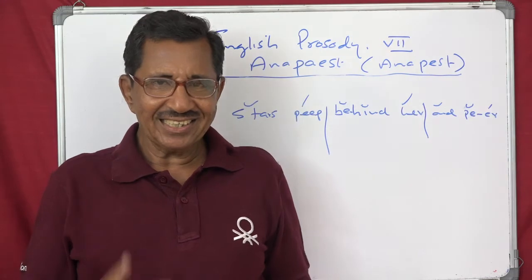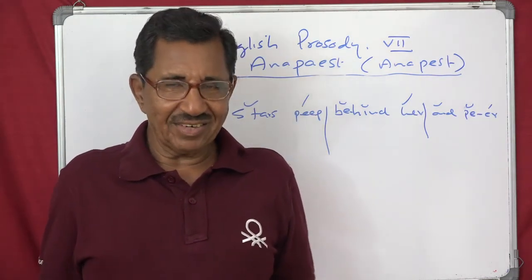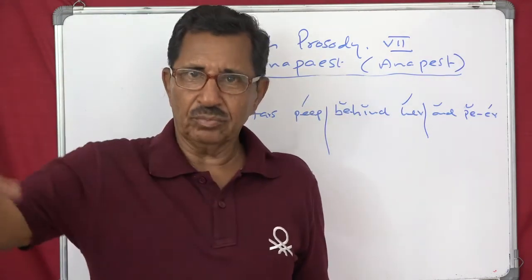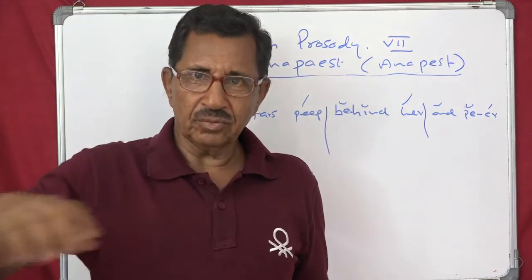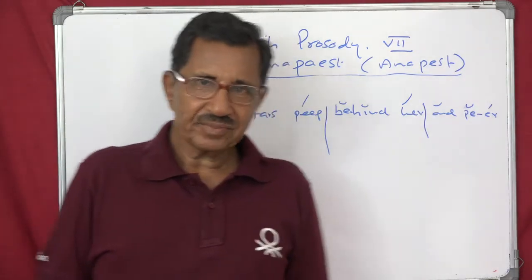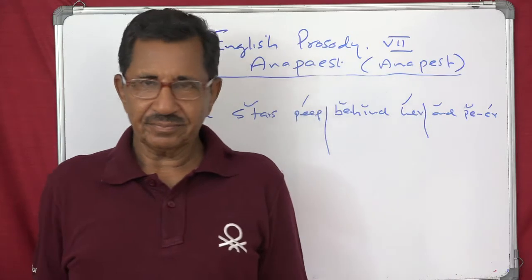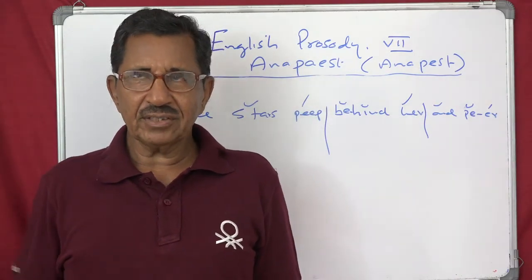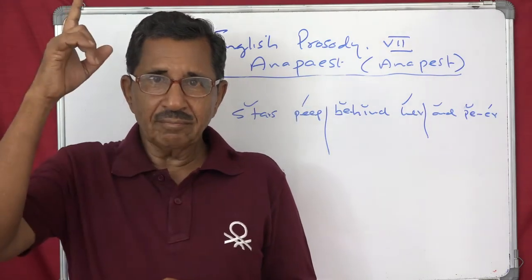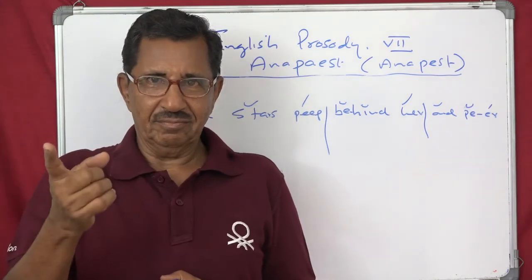Then dactyl is used probably only in Latin and Greek, and even translation is very difficult. The opposite of this is the anapaest. So if you want to see the rhythm, see, iamb is dum dum, and trochee dum dum.